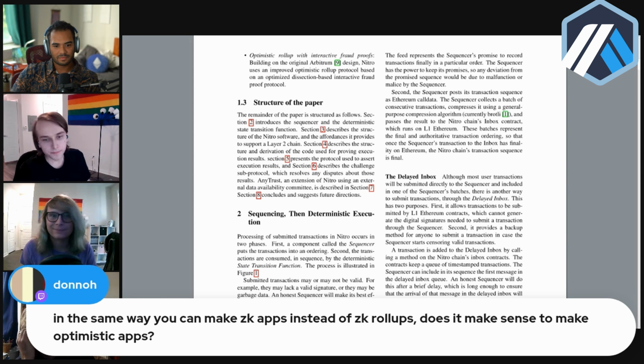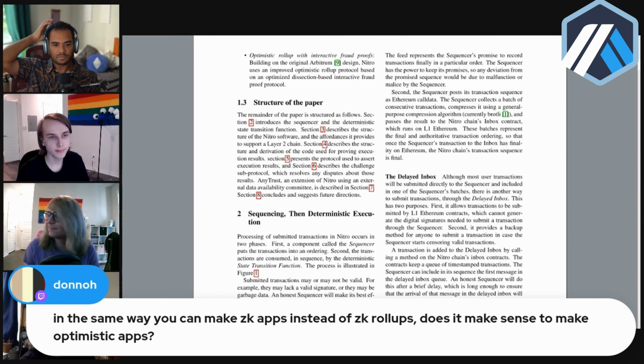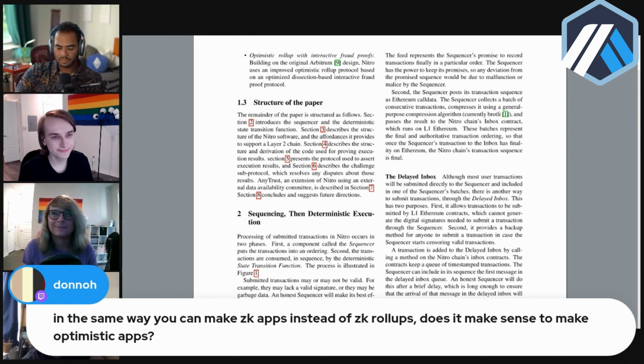Yeah, I would say the real advantage of an optimistic app, which you could think of as an app-specific optimistic rollup chain, is that the app itself could be more performant than something using a general-purpose EVM. That's really the only reason to do it, I guess. But in practice, we haven't really seen these things manifest. I remember back in the day, IDEX was planning on doing something like this, but I don't know if it ever eventuated.